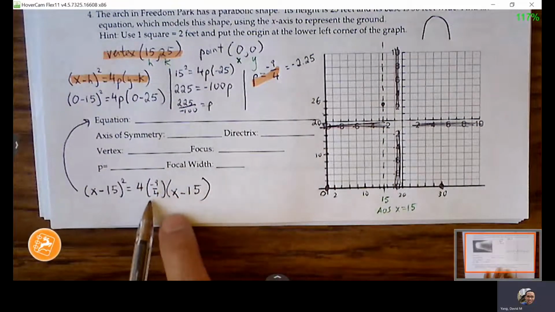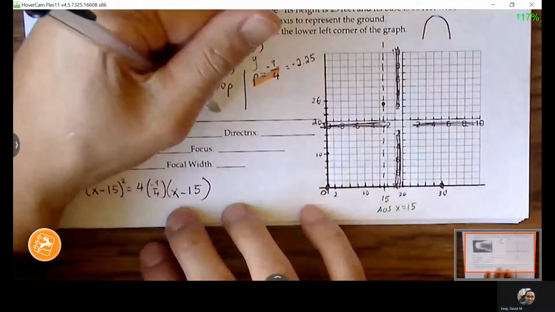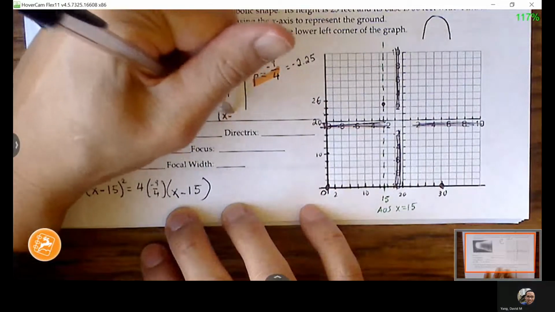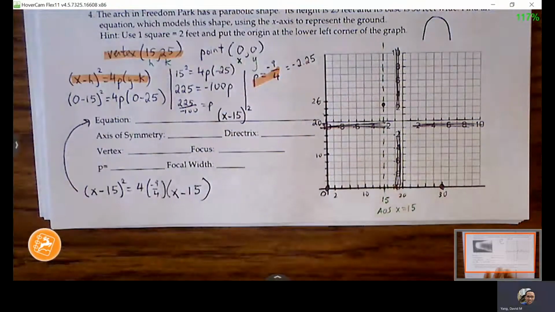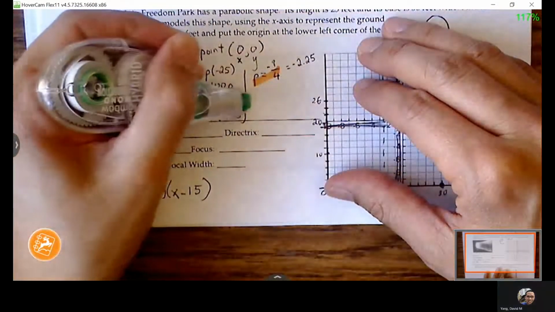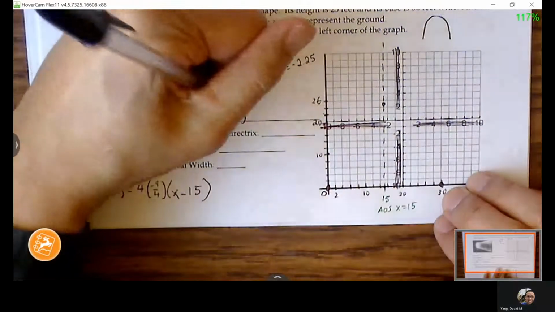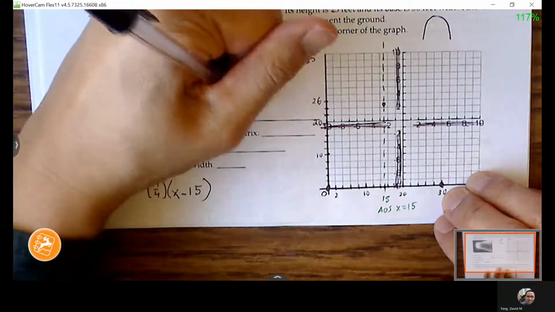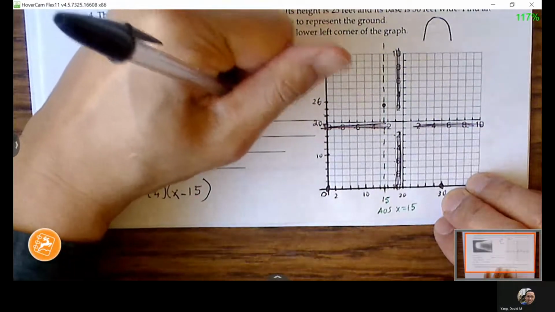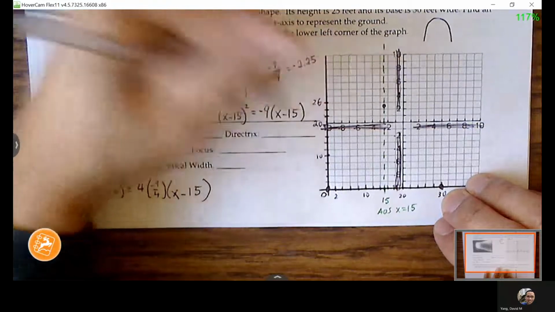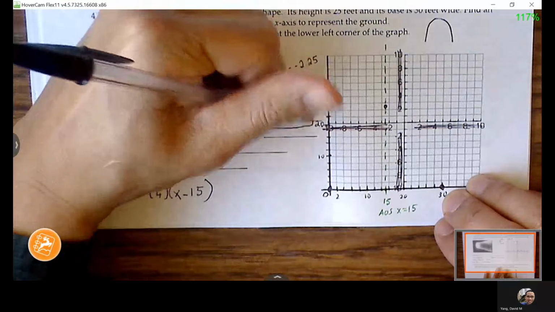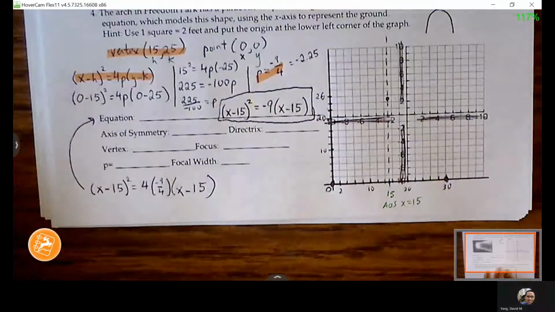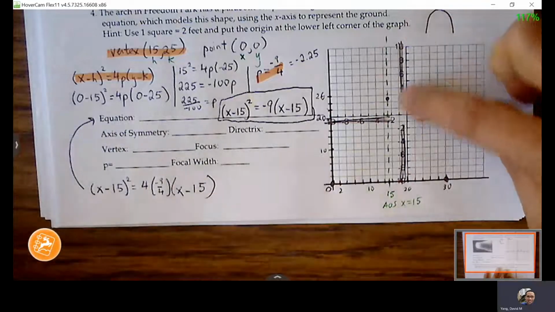The 4's cancel out. I'm just left with negative 9. Axis of symmetry.